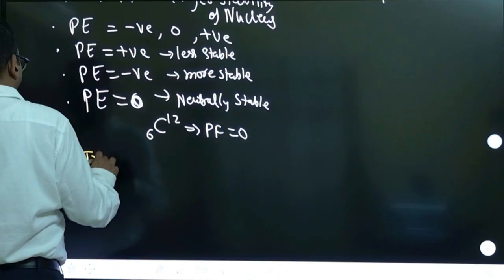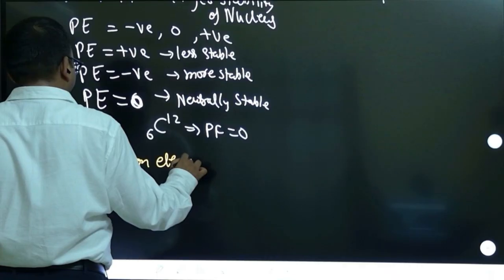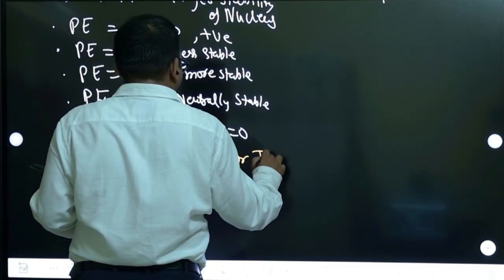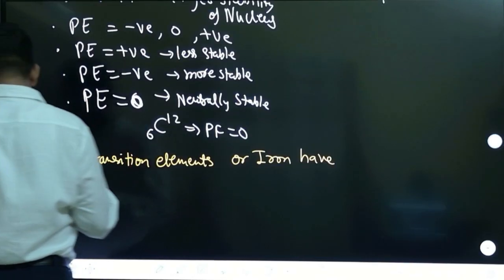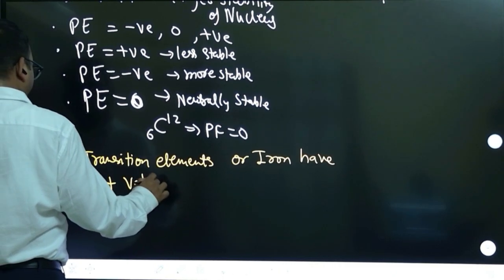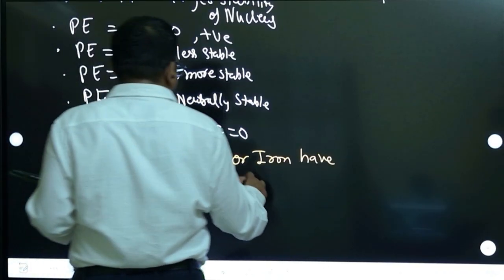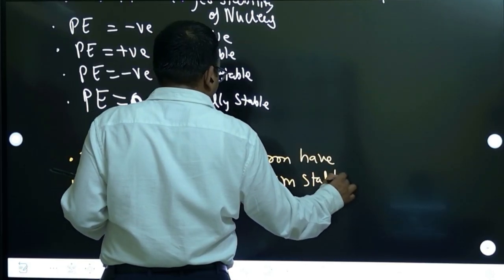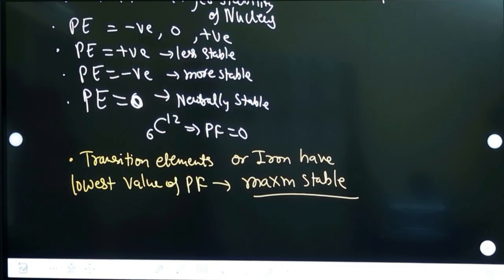Transition elements, or iron, have the lowest value of packing fraction, and that becomes maximum stability. So iron is maximally stable.